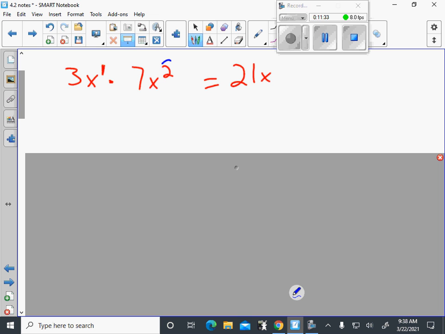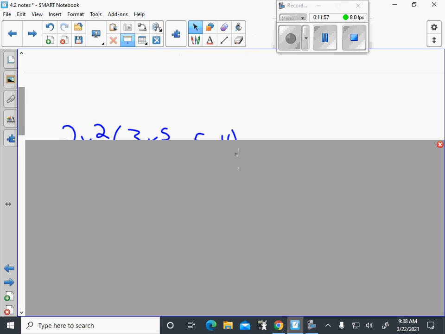We're going to add the exponents when we multiply, which is a little confusing, okay? But stick with me. 3 times 7 is 21. They both have x's, so it's x to the... What's 1 plus 2? 3. 21x to the third.